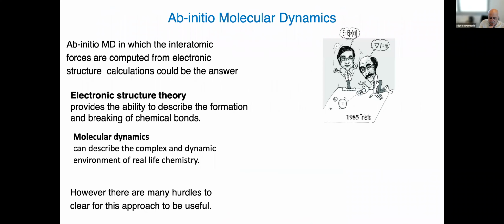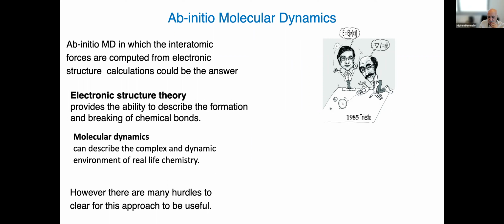Okay. And of course, we were with Roberto here. When we discovered or developed the ab initio method, we were very excited by the possibility of using ab initio molecular dynamics, in which the interatomic forces are calculated, say, from density functional theory, and so capable of describing the formation and the breaking of bonds, that we could really address this kind of problems.